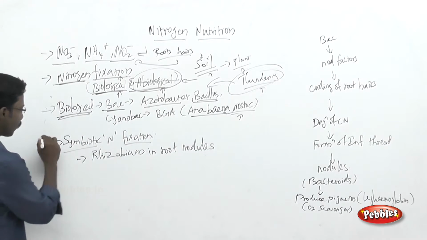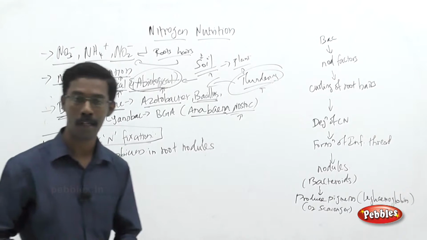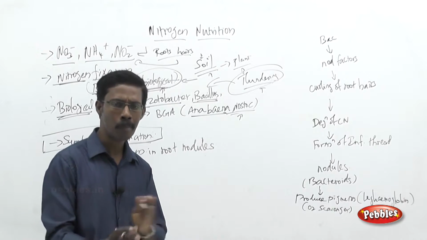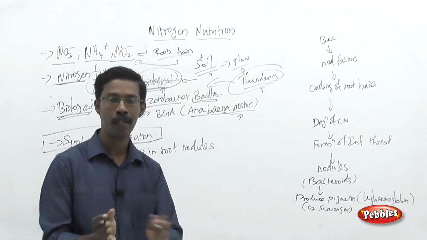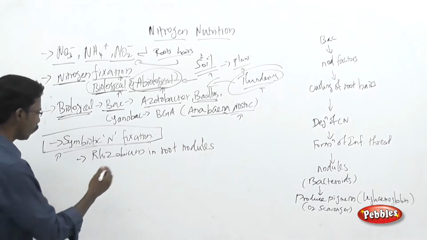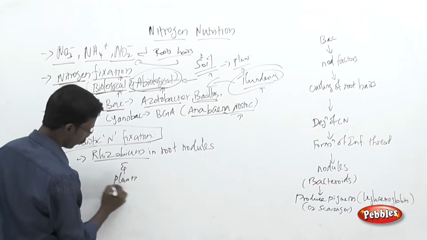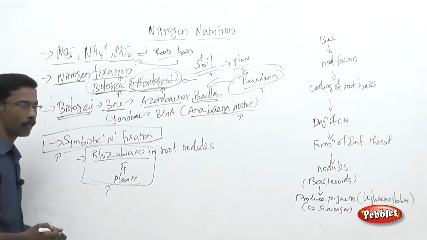And now we are going to see some details of the symbiosis between the bacteria and the plant system: symbiotic nitrogen fixation. So what do you mean by symbiosis? Both the host and the partner benefit from each other. Here, the Rhizobium and the plant. That is why we call this symbiosis, or symbiotic nitrogen fixation.